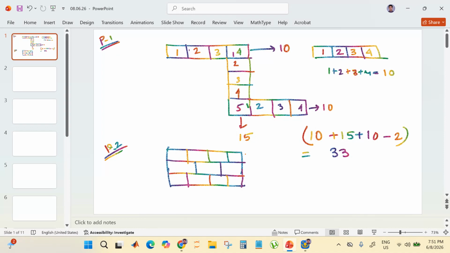Okay, one minute. Just giving a heading: number of rectangles in the given figure.